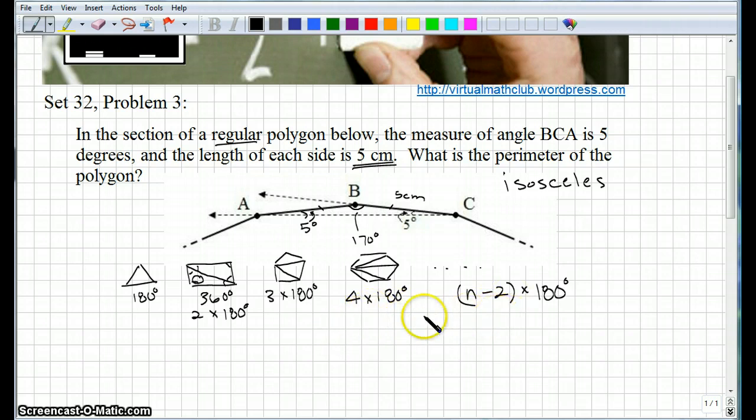So, alright, if we have this n-sided polygon, we're trying to solve for n, right? So we know the sum of the interior angles of this n-sided polygon is 180 times n minus 2. And we have n sides, and n angles too, because if a polygon has n sides, it has n angles as well.